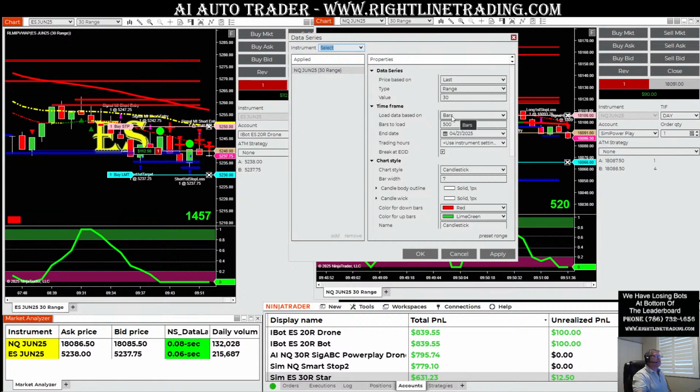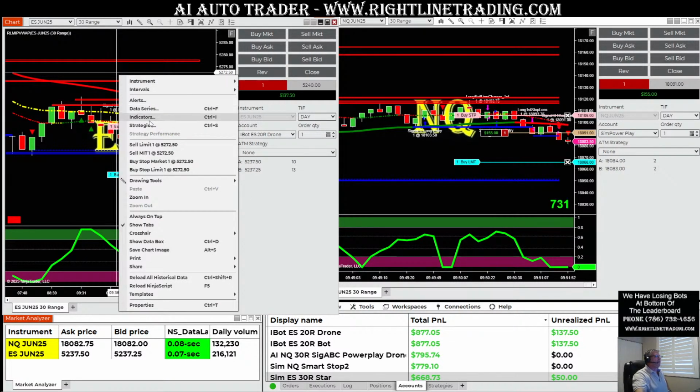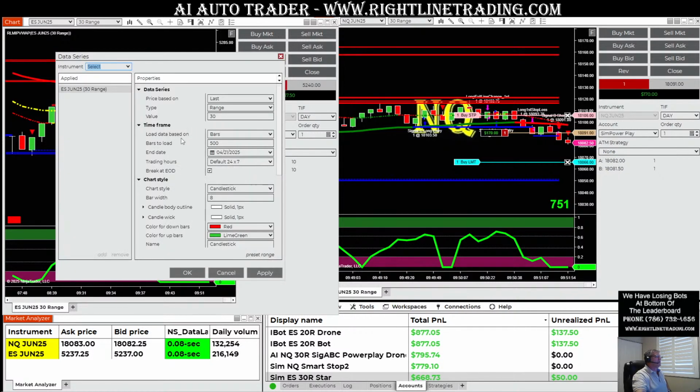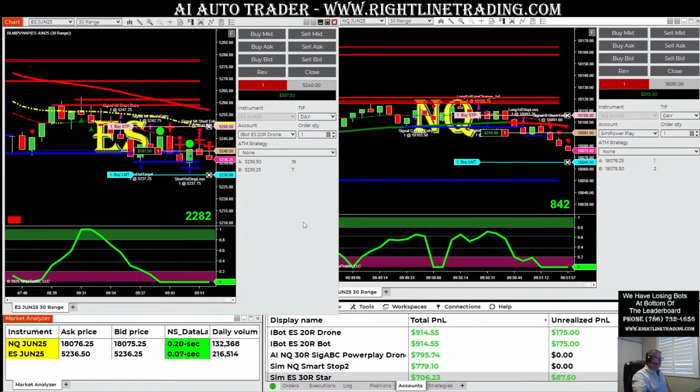Is this at bars or days? If it's at days, change it to bars, and anywhere from 250 to 500 bars. And change all of your charts to load only 250 to 500 bars under data series. Right click your chart, go to data series on all three of your charts.